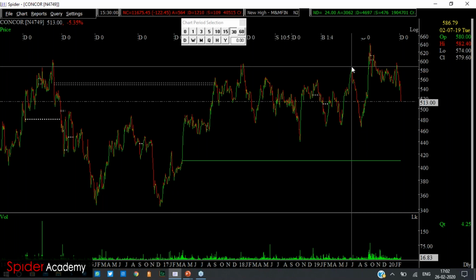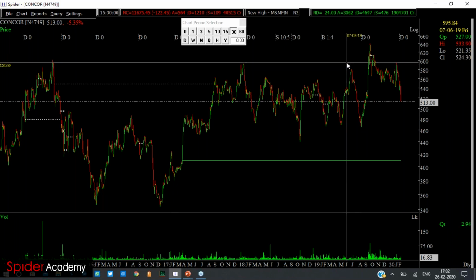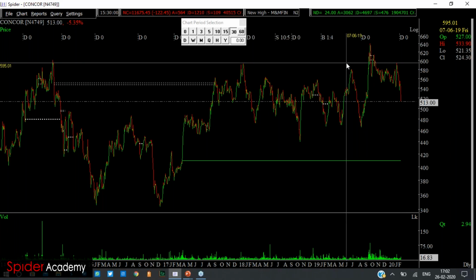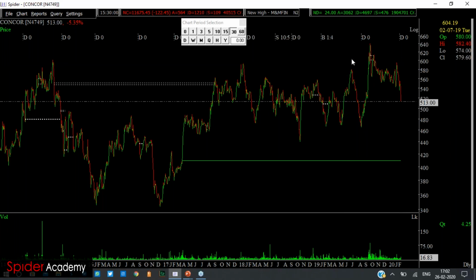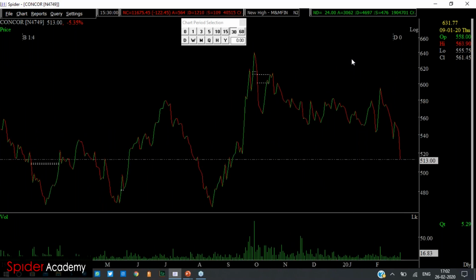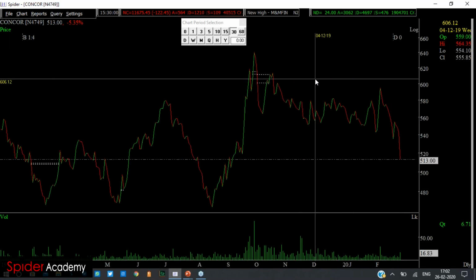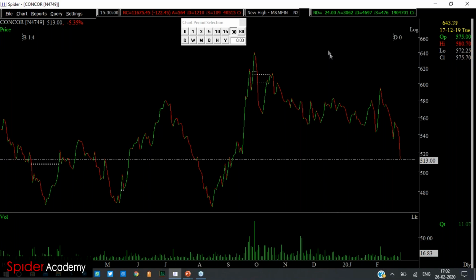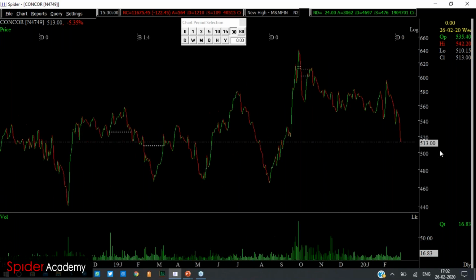So if I want to get a positional trade into this one, I would just wait for it to close above this 600 level decisively and then go ahead with it. But again, when it closes above 600, I would take 635 as a target and keep on trailing my stop loss. Otherwise, I wouldn't get into it.